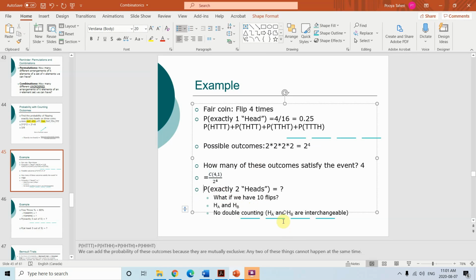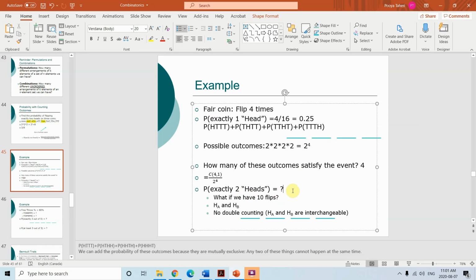Now if we want to make this a little bit more complicated, what is the probability of having exactly 2 heads, right? Again, one way of doing it is counting how many desirable options we have, but it's going to get more complicated if I want to find all the sequences.